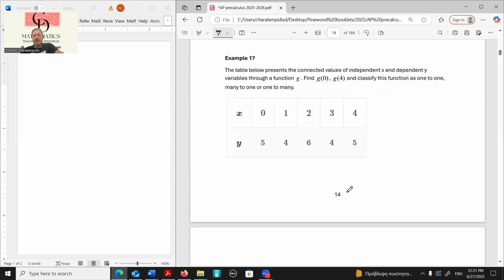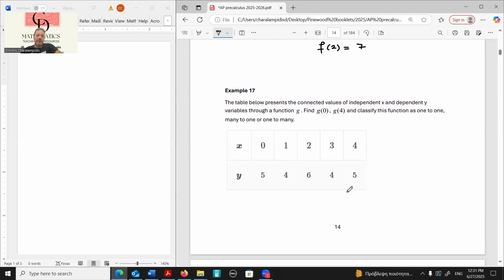Now, let's see how we can do the same thing through a table of values. The table below presents the connected values of independent x and dependent y variables through a function g. Find g of 0, g of 4, and classify this function as one-to-one, many-to-one, or one-to-many. Here, it would be helpful if we could do a mapping diagram.